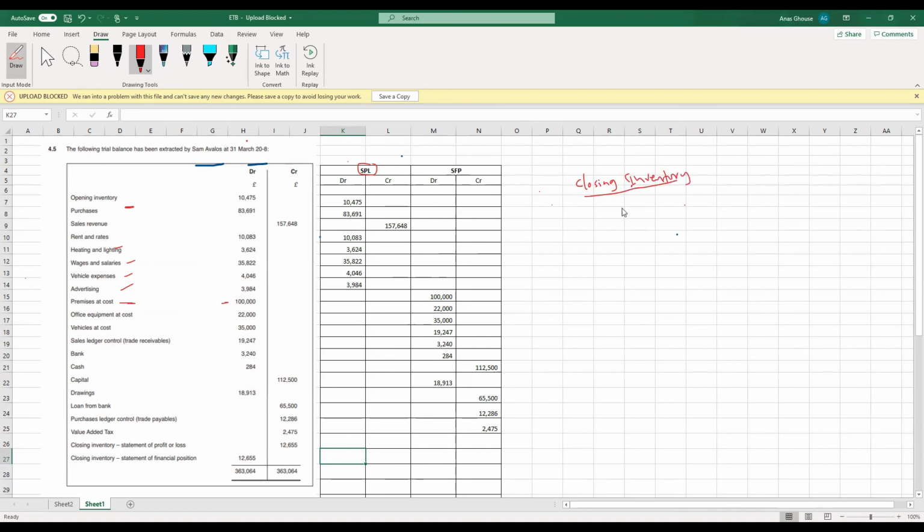The journal entry will be closing inventory debit, this goes to the asset side, and closing inventory credit, this goes to the statement of profit or loss. This goes to the statement of financial position as an asset.